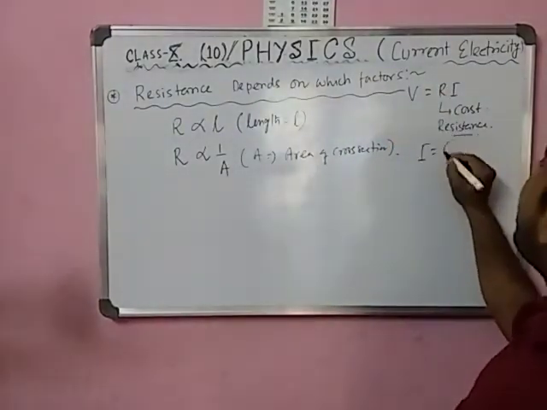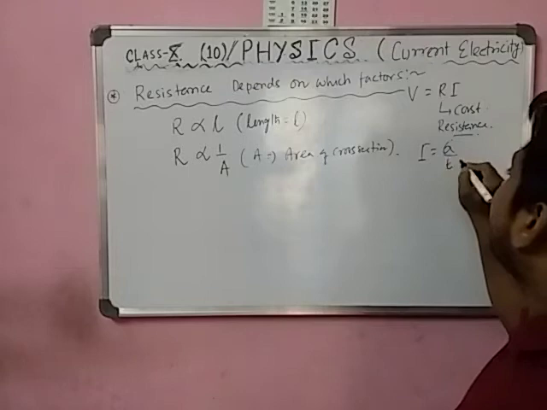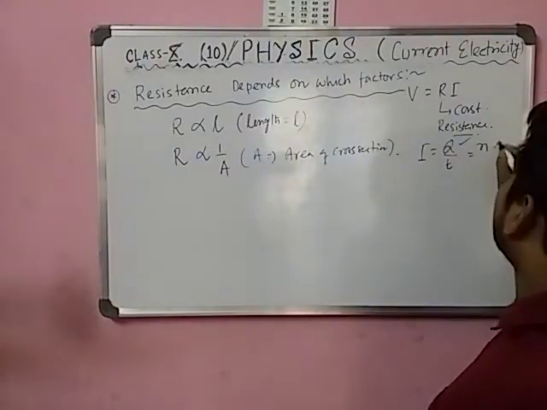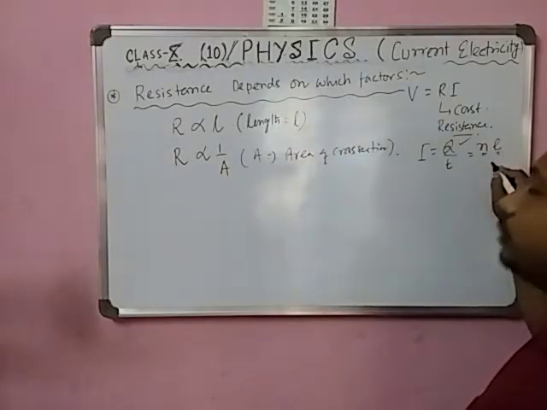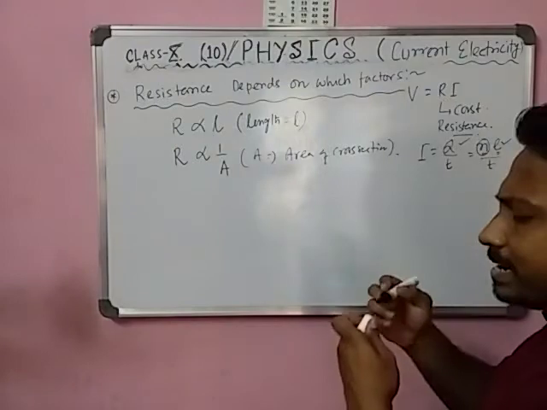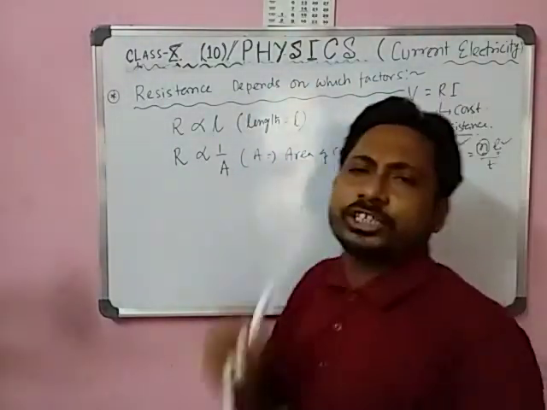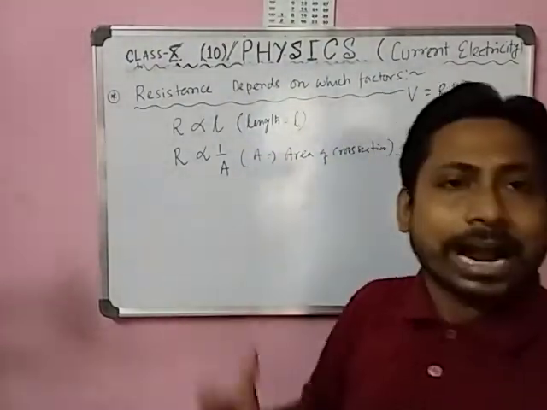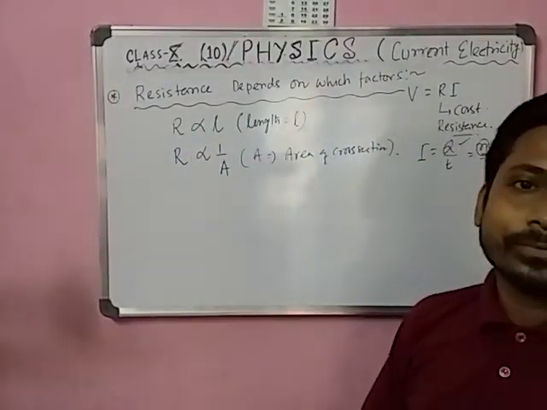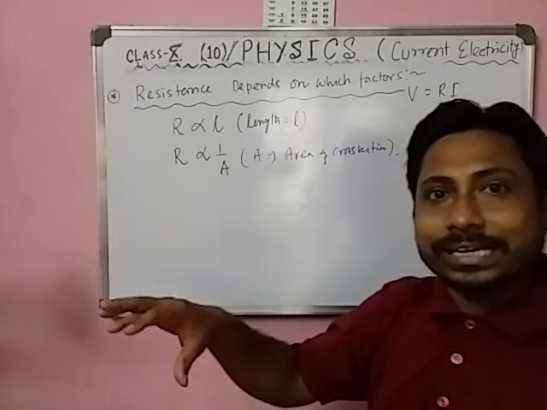Current means Q by time, the rate of flow of charge Q will increase. Q means number of electrons, by time. So if you increase the number of electrons by increasing the area of cross section, then you will get more current. More current means less resistance.